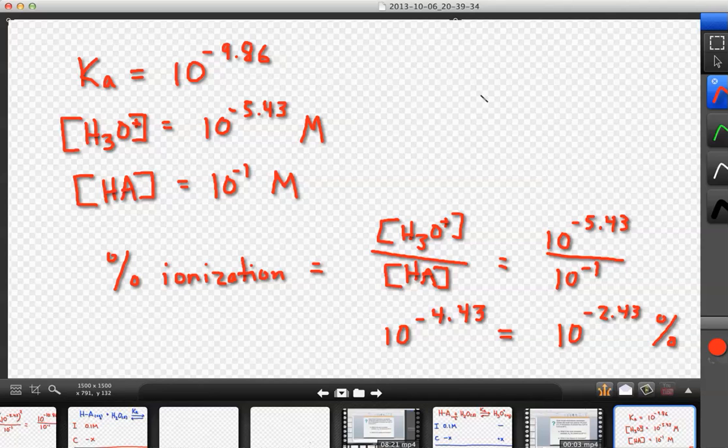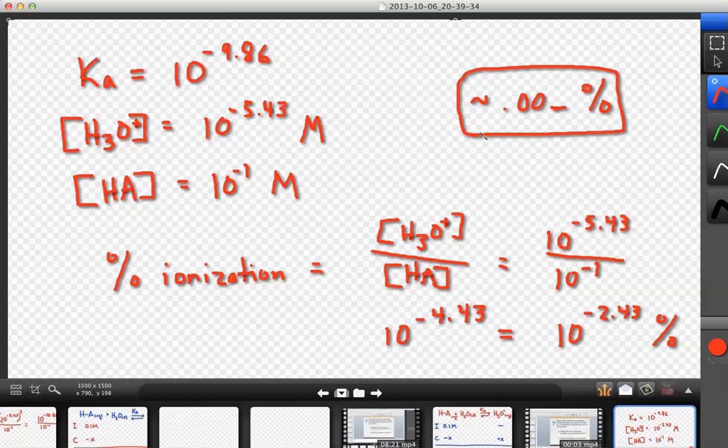So this is on the order of 0.00 something percent. Certainly indicative of a weak acid.